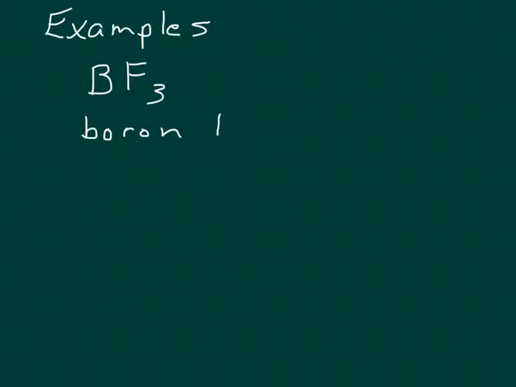So we're going to put trifluoride. So it's boron trifluoride. Now notice, I didn't put monoboron, because if you look at that last bullet over there on the left side, it says that we never use mono with the first element. So we just simply have boron trifluoride.